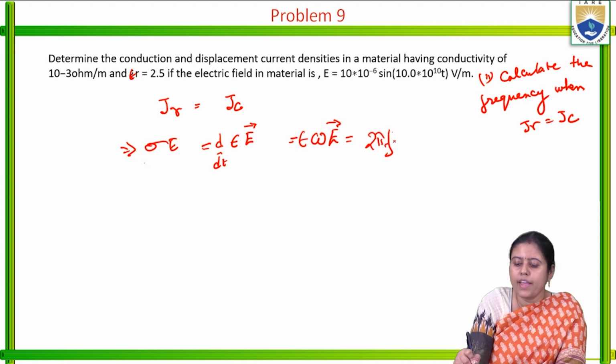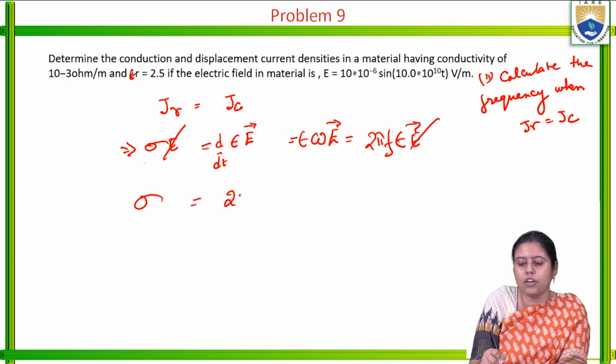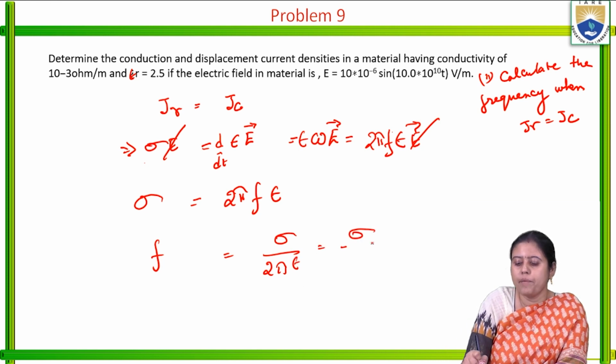So sigma E is equal to 2 pi f epsilon into E. So E will cancel out and we can write sigma is equal to 2 pi f into epsilon. So what is f? f is equal to sigma by 2 pi epsilon, or sigma by 2 pi epsilon naught epsilon r.